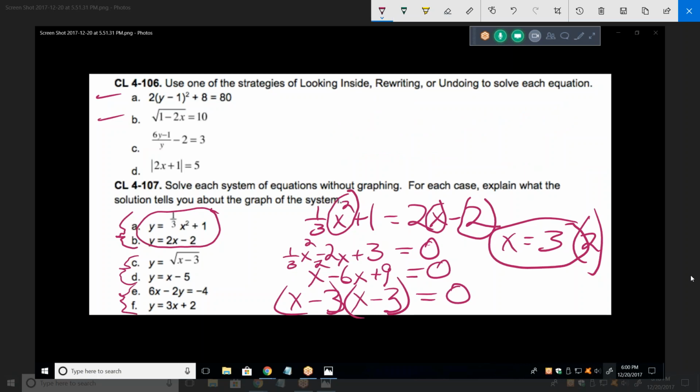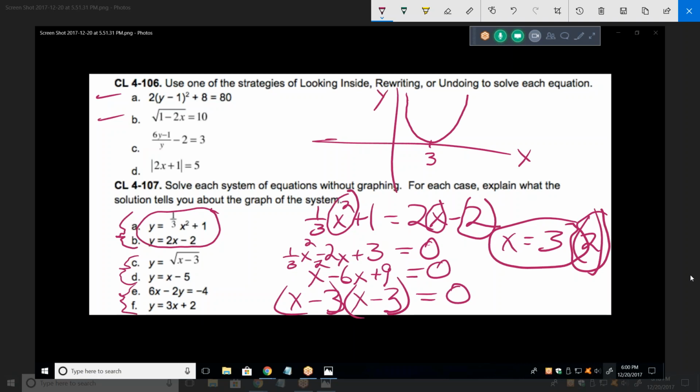What it means is that your parabola doesn't go through the x-axis at that point. I know that this is a quadratic, so it's a parabola, and it opens up, and its zero comes at 3. But what the multiplicity tells me is that since there's only one, it kisses off the x-axis. It doesn't cross it.